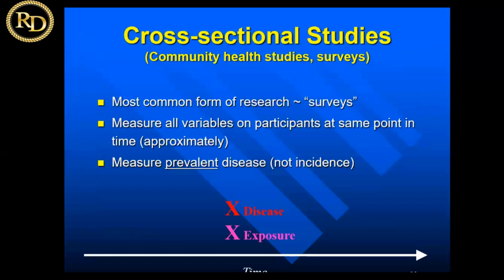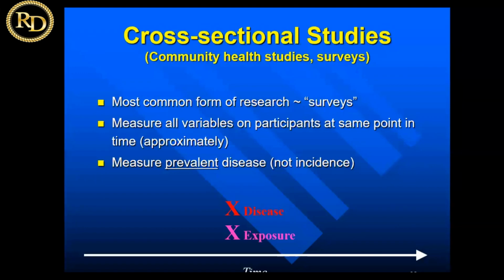Now comes the cross-sectional studies. In my career in public health, as a community health nursing personnel, I've seen a lot of research being conducted by epidemiologists in cross-sectional studies or community studies. Most of them are surveys, census surveys. Simply, we are doing a survey. Here we are measuring all variables on participants at the same point in time.